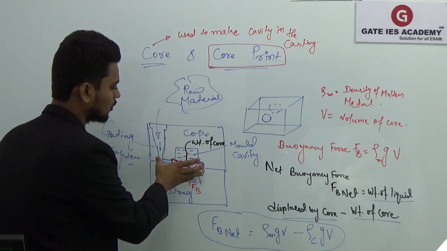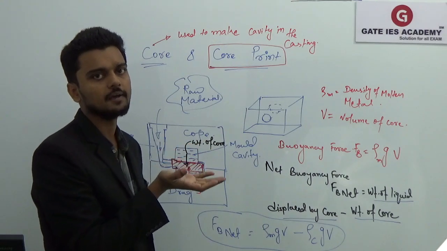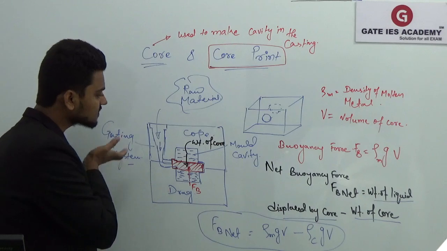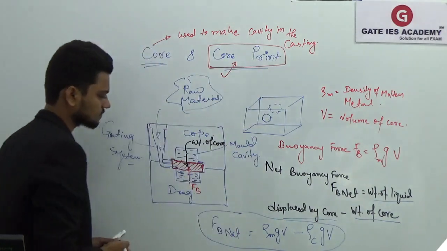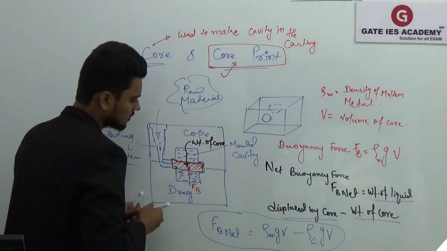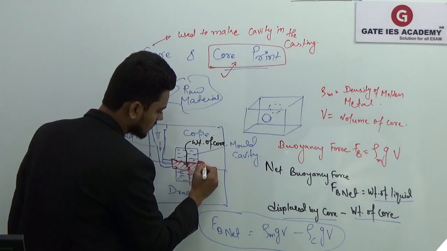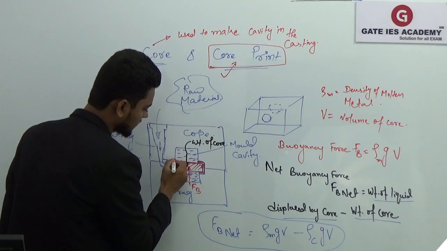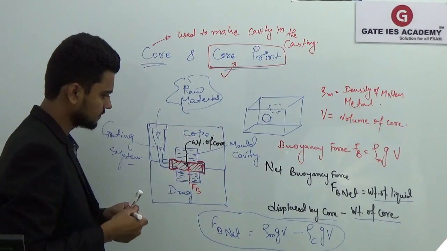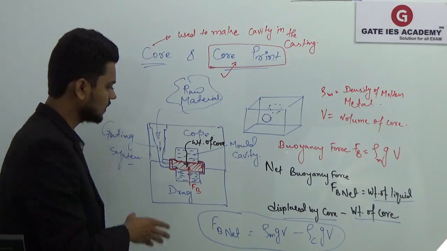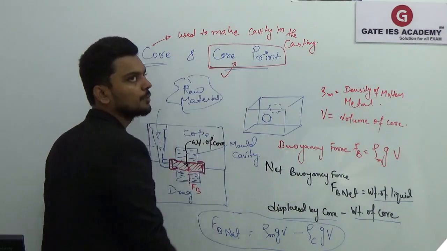It requires some support to be in position in that mold cavity. Okay, and that support is given by the core print. So here you can see, this is the recess that is given in your mold. Okay, and that recess in your mold is nothing but the core print.